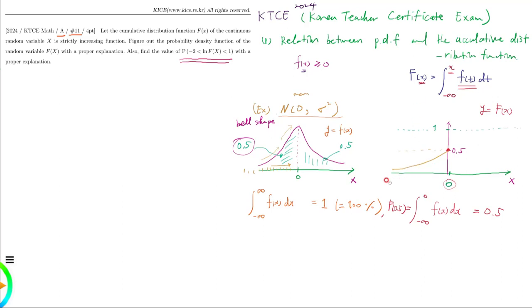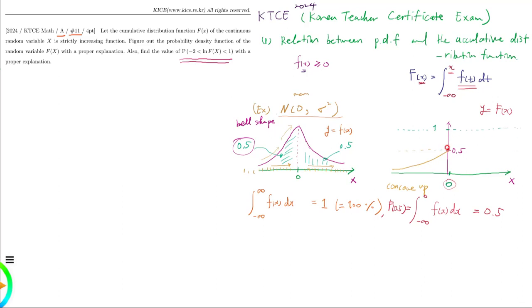No, I'm sorry, this is concave up. And as a positive value, as x increases toward infinity, it keeps increasing, but the value of its probability density decreases.